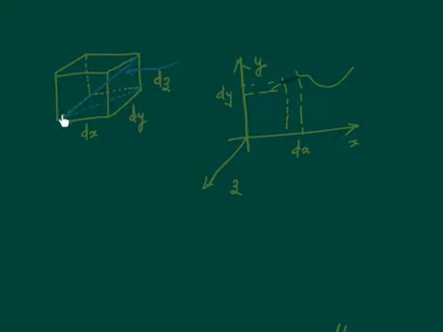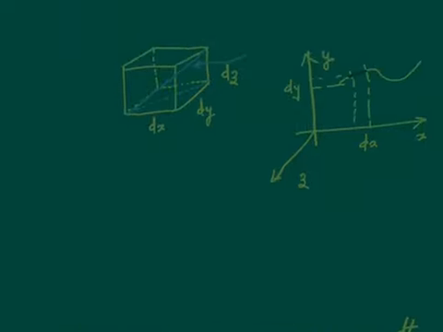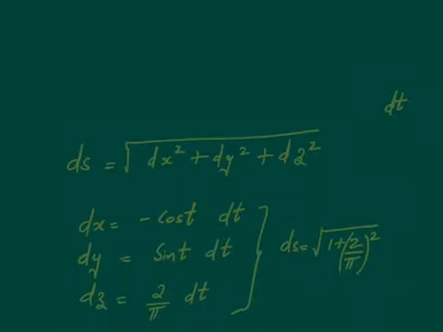Around this portion of the curve, we can consider it as a diagonal of a cube where the cube dimensions are dx, dy and dz. Now if we want to compute the arc length, then ds is equal to root of dx square plus dy square plus dz square. Clear?